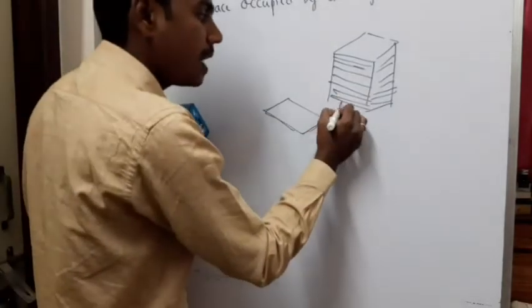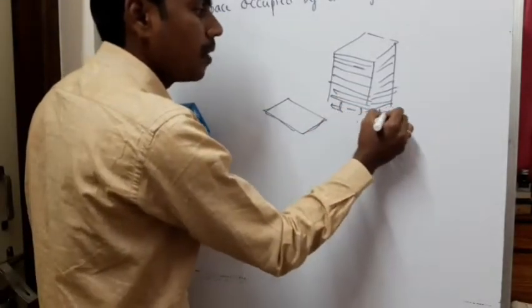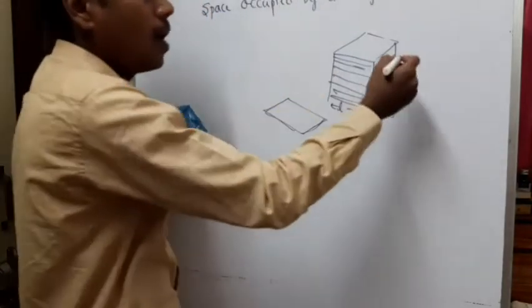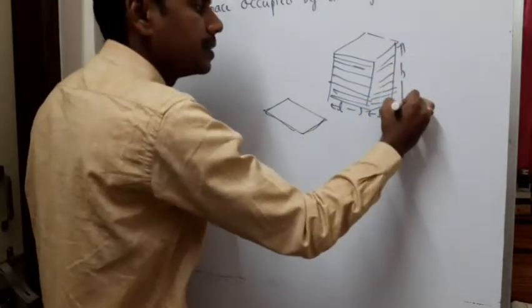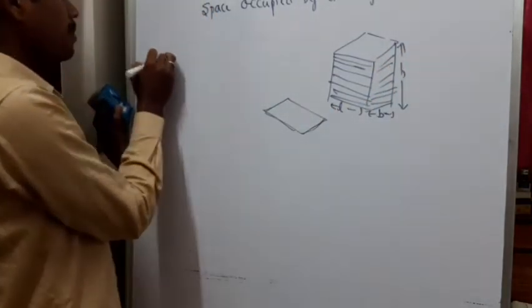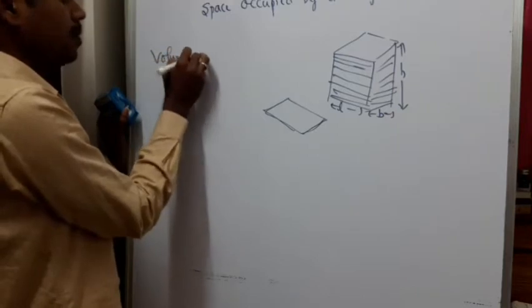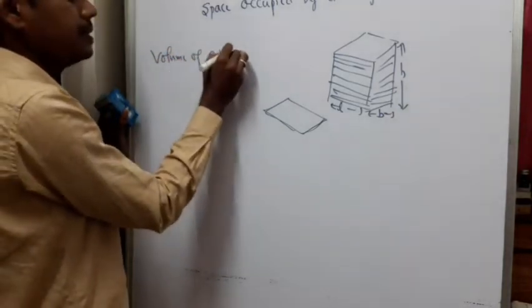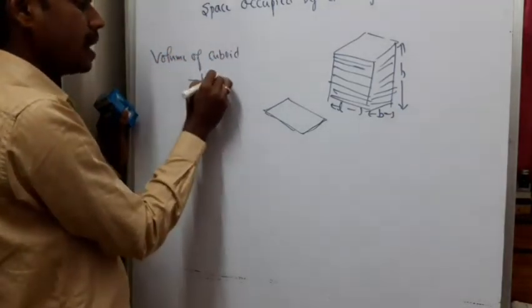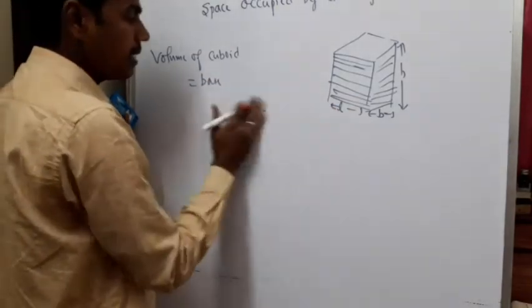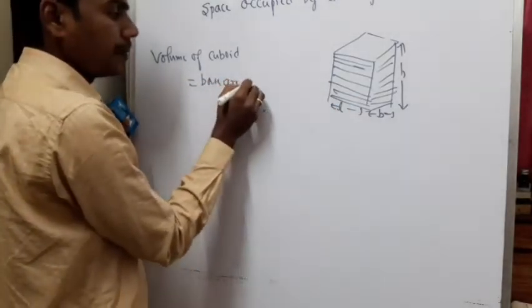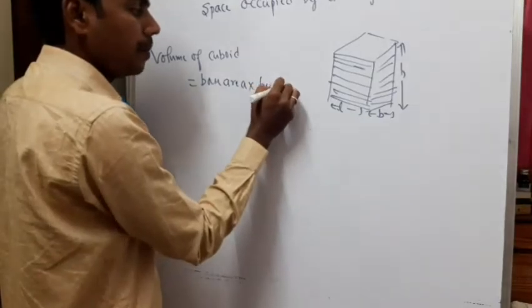So if this is L, if it is B, if I want the total space, I need to multiply by H. So volume of cuboid is equal to base area into height. Base area into height.